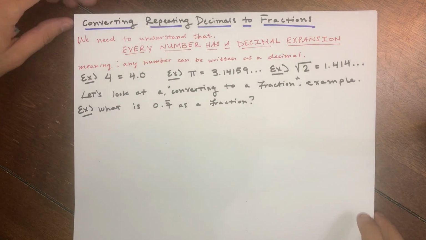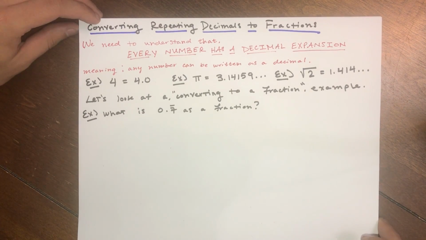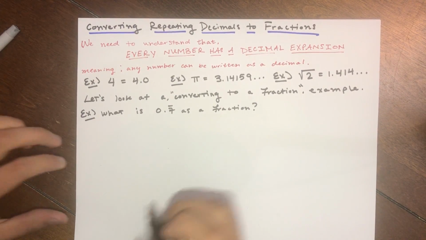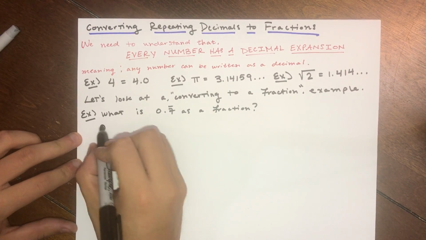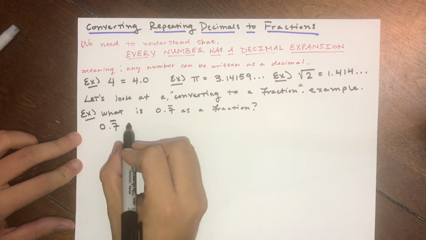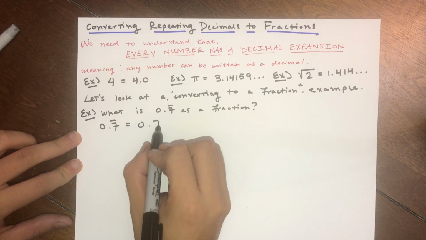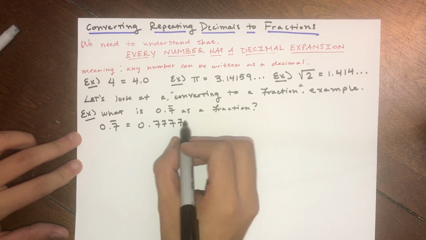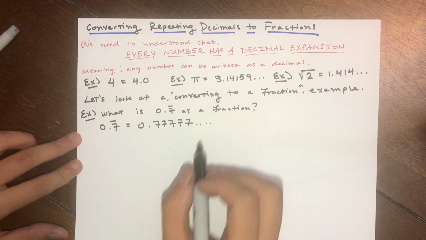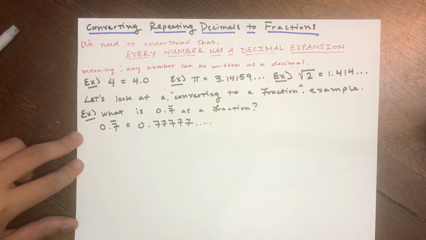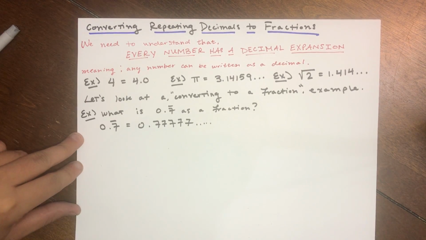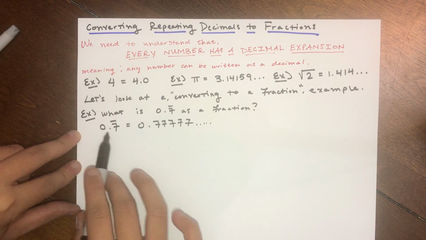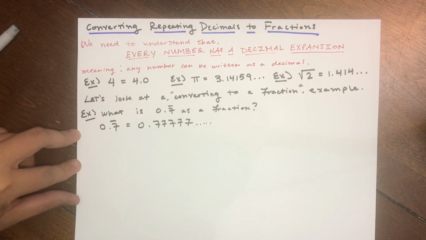It's not two numbers or three numbers, it's just a single number, in this case 7. So 0.7 repeating is equal to 0.77777, which goes on forever. Now what we want is 0.7 repeating as a fraction.